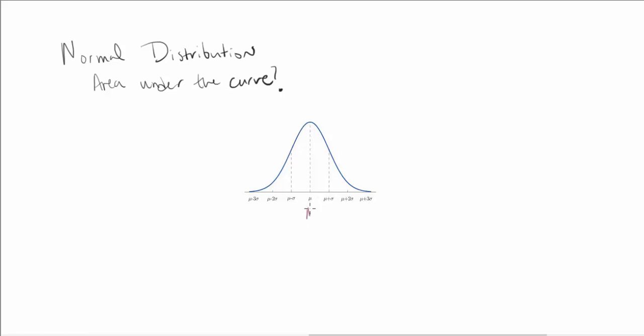So this might be the mean. This line right here is +1 standard deviation, -1 standard deviation, -2 right there, +2 right here. Because we know the shape of this curve, because we know the proportions under it, we can start to make some educated decisions based on these percentages.